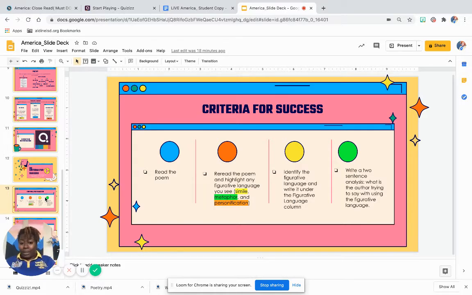Remember, that's the similes, the metaphors, the personification. That's what we have been talking about. That's what we're looking for. The next thing we're going to do is identify the figurative language, which one it is. Is it a simile? Is it a metaphor? Is it personification? What is it? You're going to identify it and write it under the figurative language column.